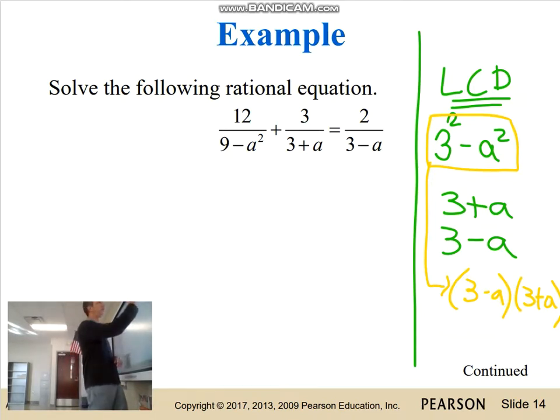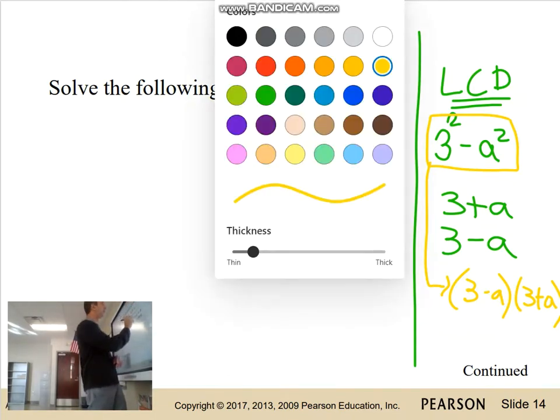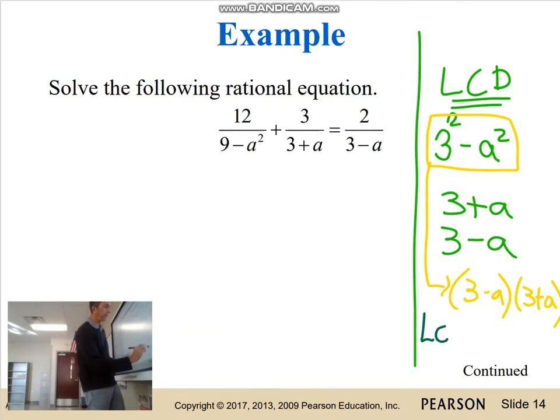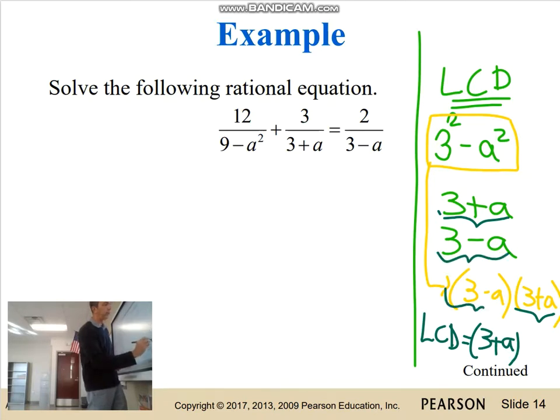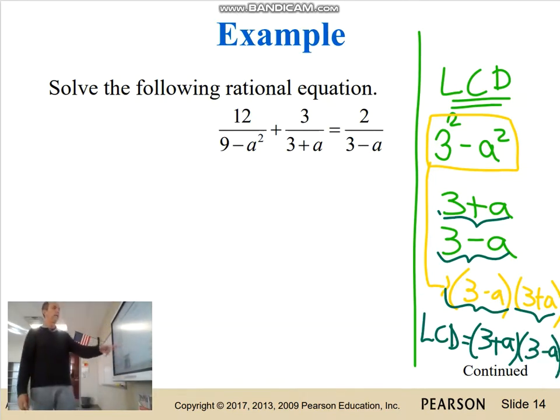So if we want the least common denominator, we need the unique factors, and we have 3 plus a, and it's here as well, 3 plus a, and we have 3 minus a as another unique factor. The least common denominator equals 3 plus a times 3 minus a.